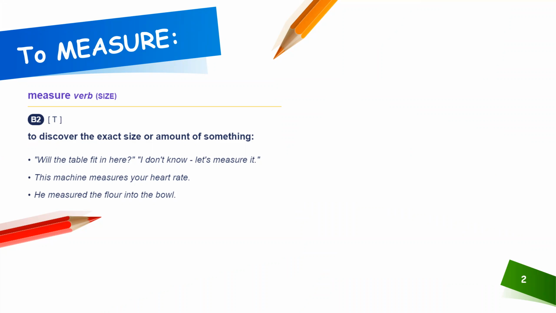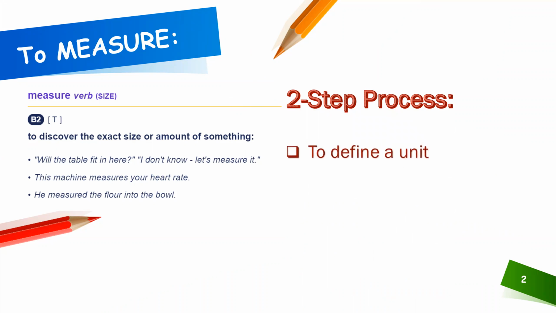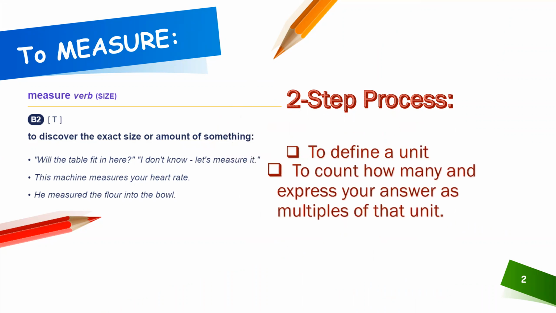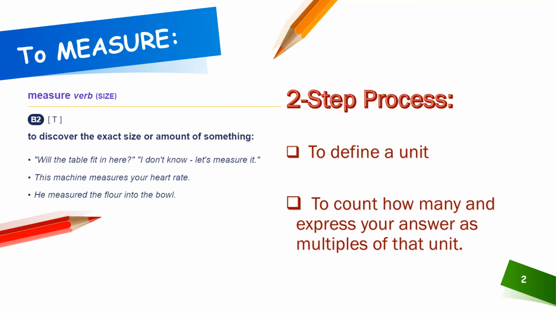The act of measuring is a two-step process, mathematically speaking. One is to define the unit that you are going to use. And two is to count how many and express your answer as multiples of that unit. So always keep that in mind.